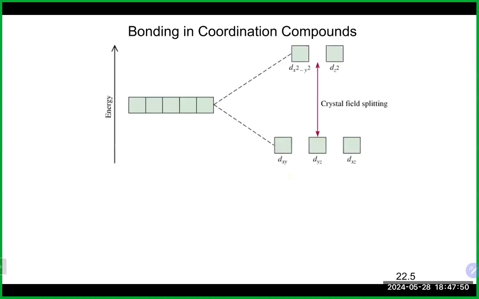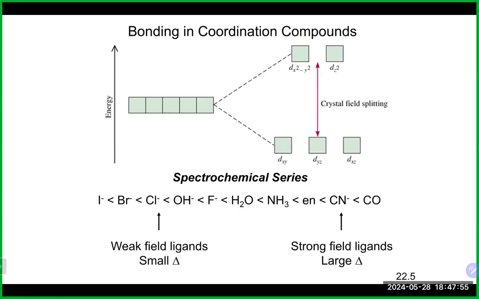So how do we know whether we are going to get a strong field or a weak field? It does have to do with the ligands that are attached. This is the spectrochemical series. On the left-hand side here, that is weak field. That means when we get the splitting of these d orbitals, we are going to get a small difference between them.